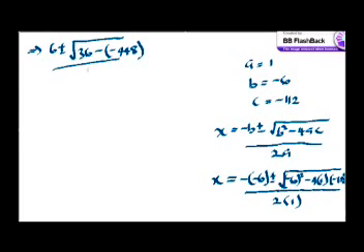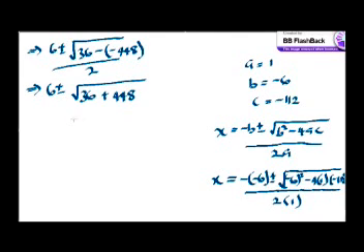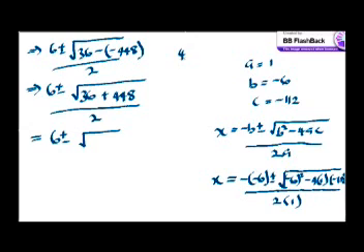Everything divided by 2. So here I will have my new expression to be 6 plus or minus square root of 36 plus 448 all divided by 2. Let me quickly do the small maths here. 448 plus 36: 8 plus 6 is 14, write down 4 carry 1. 4 plus 3 is 7, plus 1 is 8, 484.